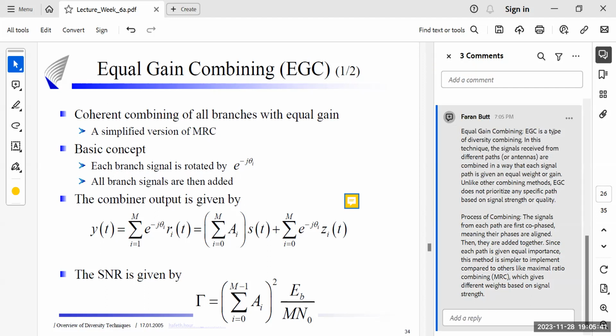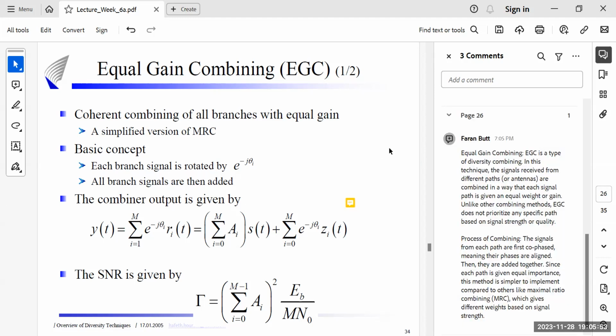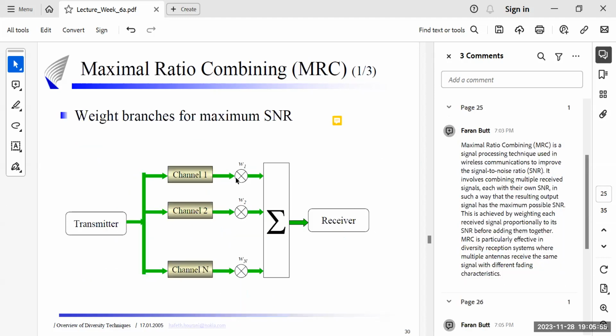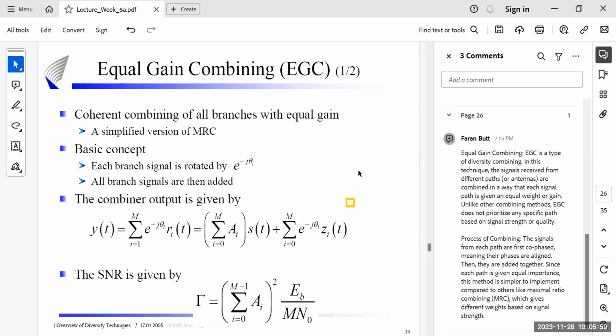In equal gain combining, it is a type of diversity combining where the signals received from different paths are combined in such a way that each signal path is given an equal weight or gain. You just saw that we have different weights in maximal ratio combining, but here we are giving equal weights or gain. Unlike other combining methods, equal gain combining does not prioritize any specific path based on the signal strength or quality.